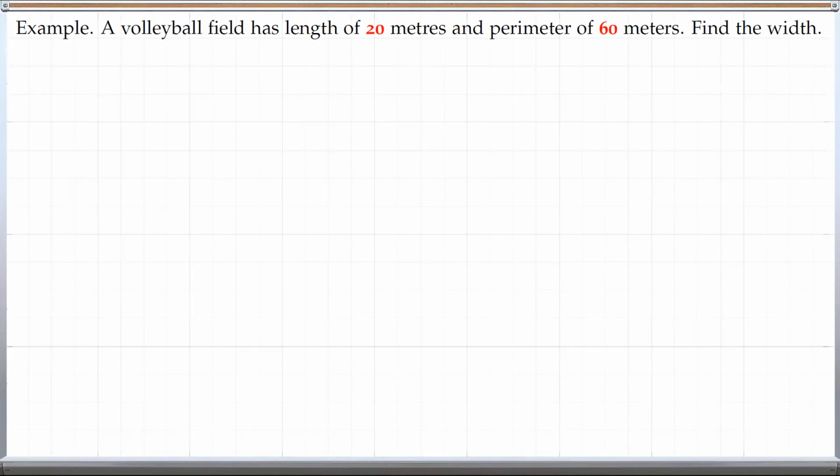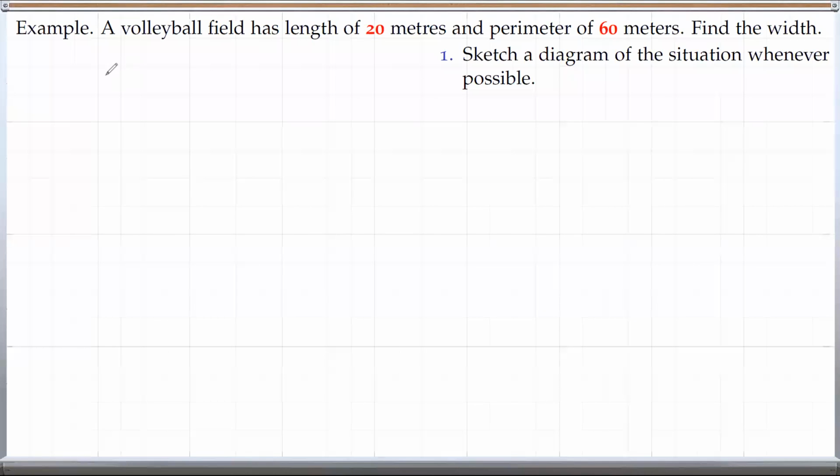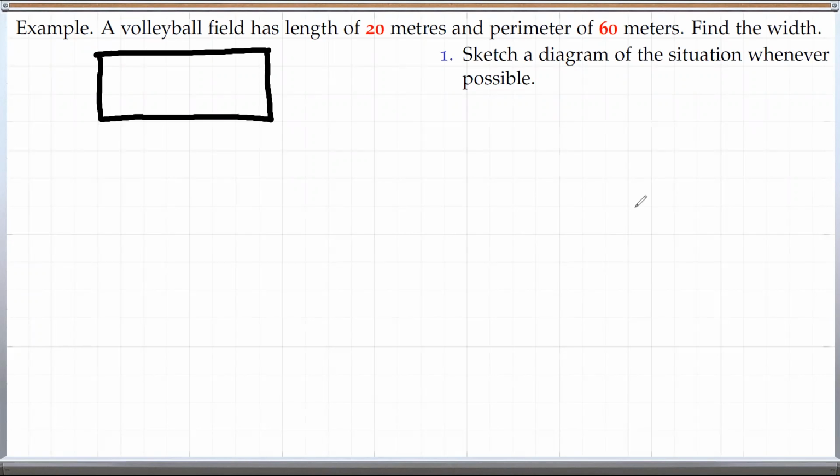In applications, the first step is to draw a diagram of the situation whenever possible. So in this case, we are talking about a volleyball field. So we should be able to draw a diagram. A volleyball field is simply a rectangle, and we are given that the length is 20 meters.